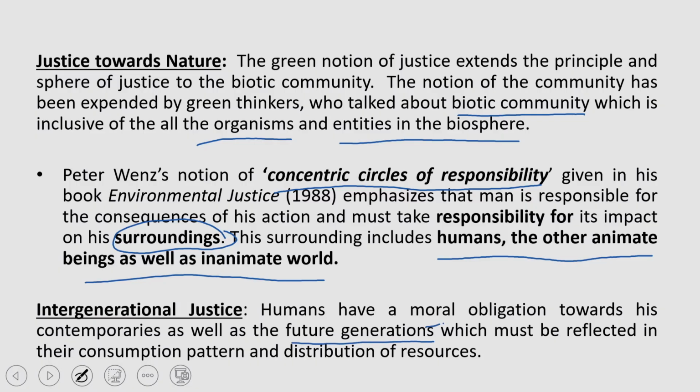Humans have a moral obligation towards their contemporaries as well as the coming generations, and it must be reflected in their consumption pattern and distribution of resources. So we need to be fair to our future generations in terms of consumption of natural resources. This is the second aspect, intergenerational justice.